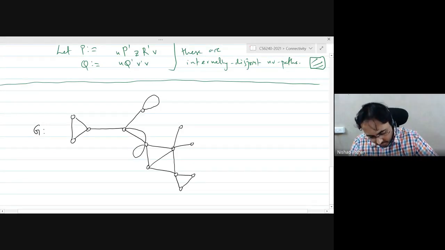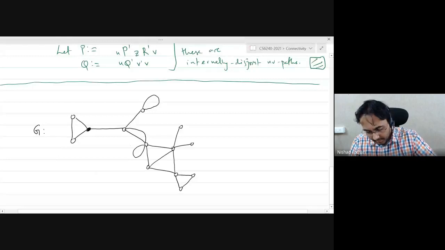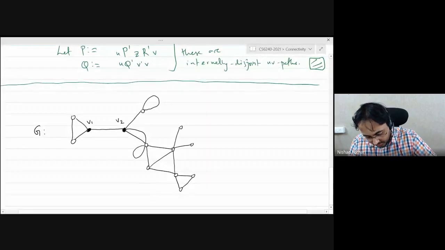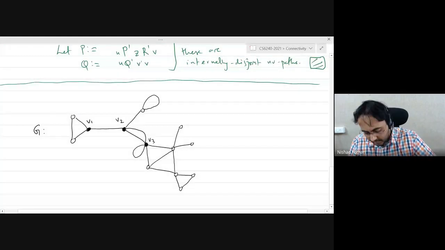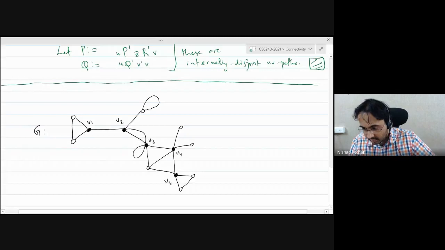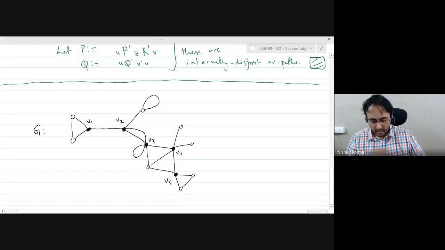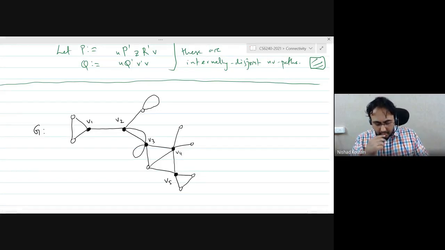Well, this is a cut vertex. This one here is a cut vertex. So let's see, V1, V2, V3 is a cut vertex, right? Whenever you delete the vertex, you'll get at least two components. V4 is a cut vertex. V5 is a cut vertex. Okay, good. So these are the cut vertices of the graph.